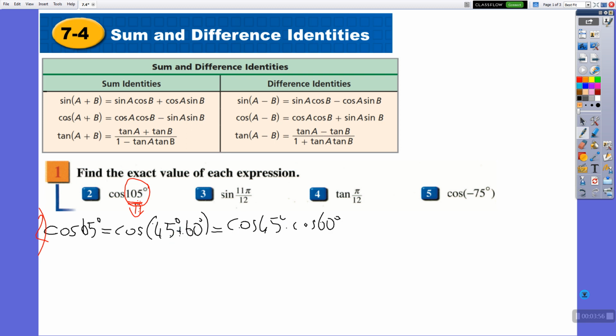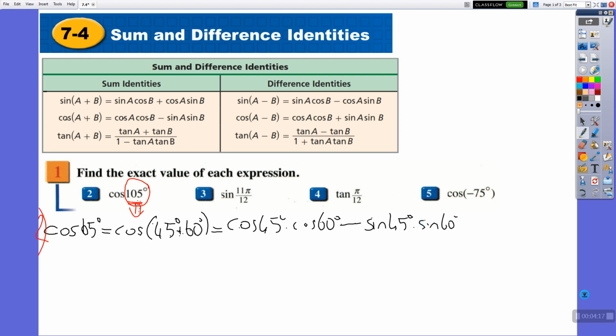Since I have addition here, I'll have the opposite operation here, which is subtraction. Minus, now I'm going to multiply sines together. Sine of 45 times sine of 60.